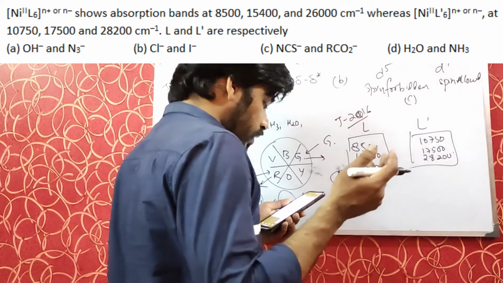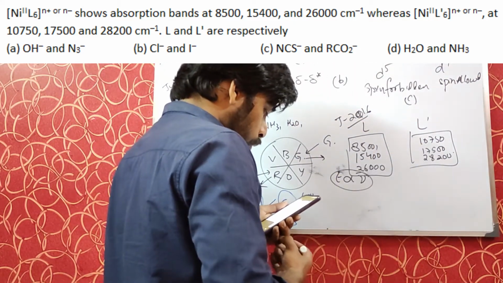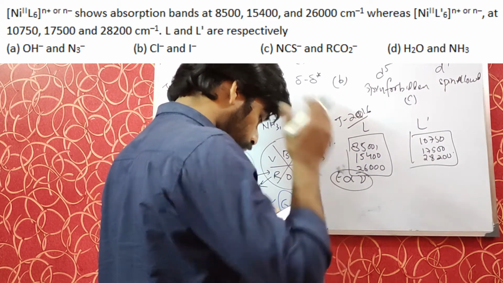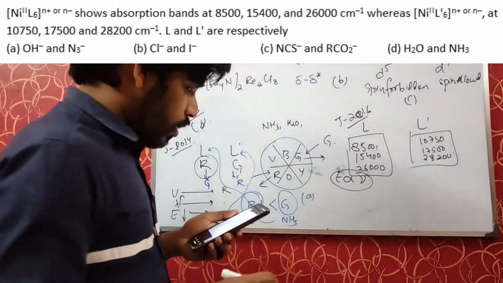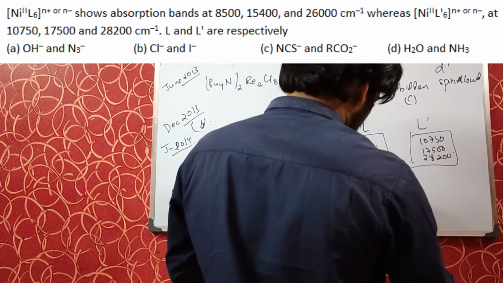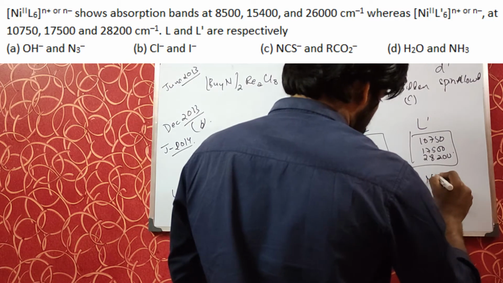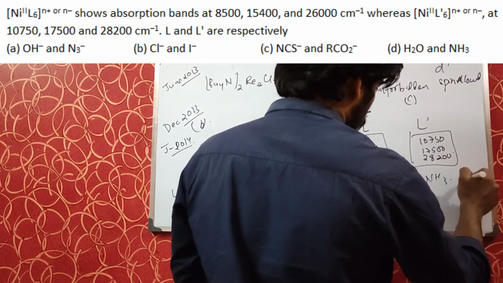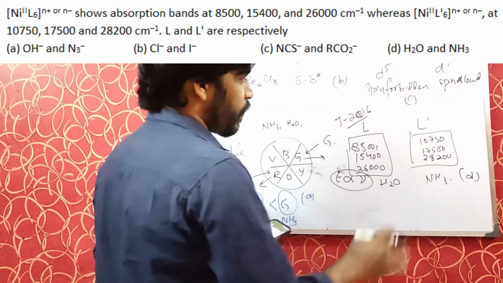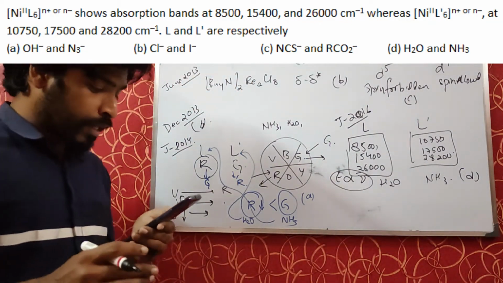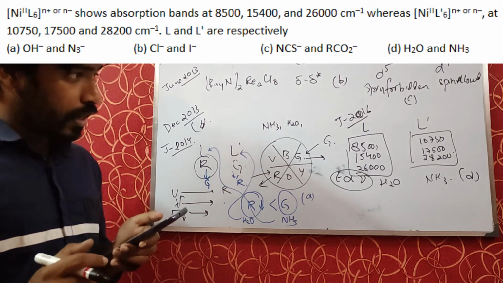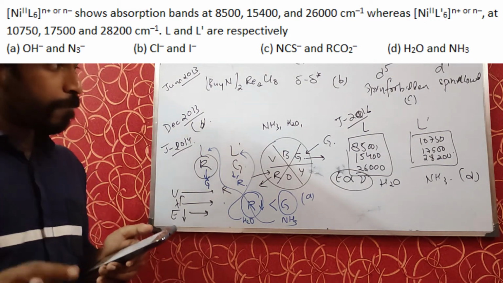So what could be the ligands? You have OH minus, N3 minus, Cl minus, I minus. Okay, so I would say the best answer for this is water and ammonia, which is given in your option number B. Cl minus and I minus are not going to make so big a difference because both are very weak field ligands, and at the same time OH minus and N3 minus are also not going to make a very big difference.